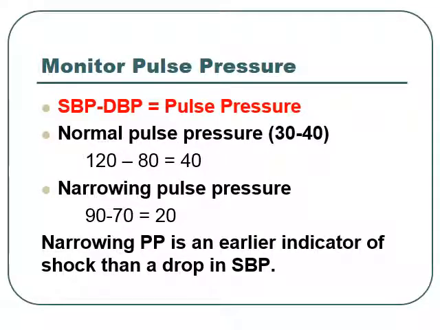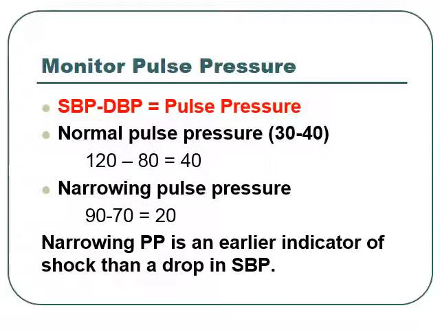And when you read this, I told you that if you have a narrow pulse pressure, that it is an earlier indicator of shock than if our blood pressure dropped. So are you thinking why? Well, it's because if we have increased diastolic blood pressure, that means that we have vasoconstriction. Okay?